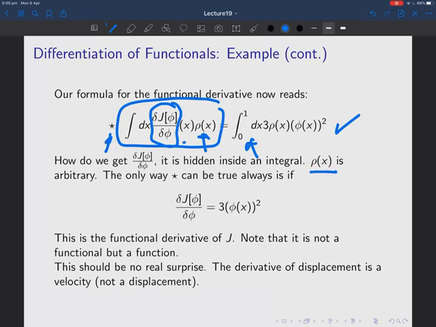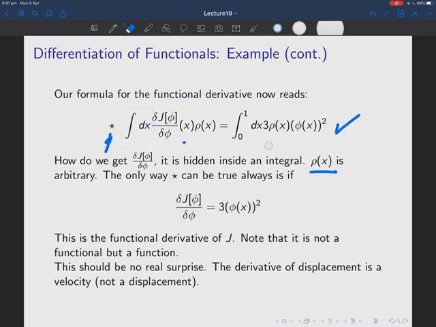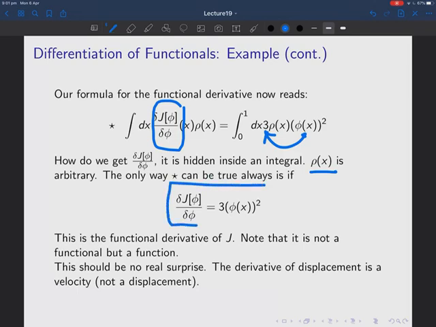So rho of x is arbitrary, and the only way this equation can always be true is if the thing we're trying to find is equal to 3 phi squared. Think about it for long enough and you will see that's the only way that can ever be true for all possible rho.